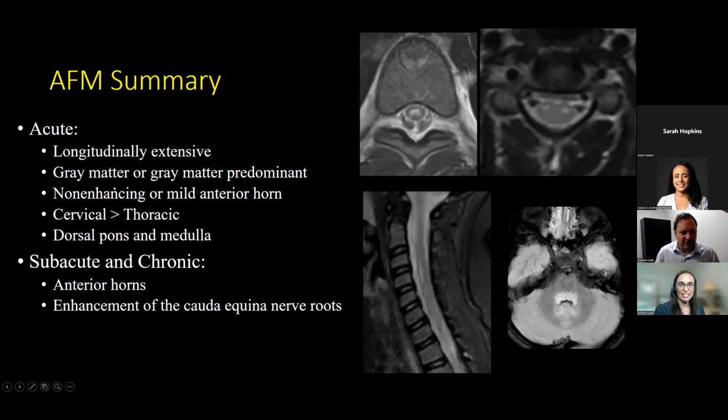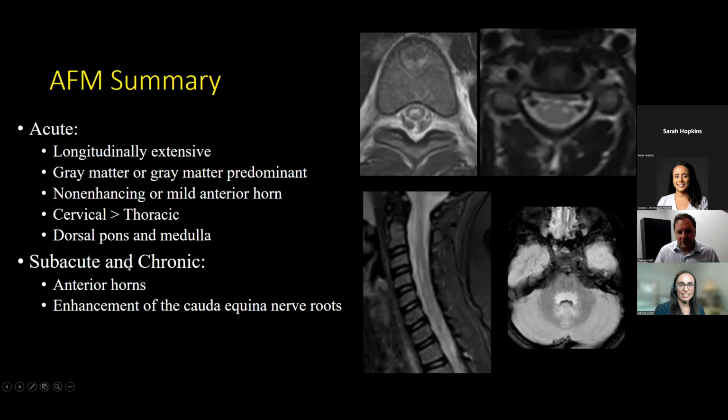But in my summary, what I've shown you repetitively with different little twists on it is longitudinally extensive, very common to have that, gray matter or gray matter predominant, non-enhancing, or sometimes you get the anterior horns enhancing. For the spinal cord, cervical more than thoracic, dorsal pons and medulla are classic areas that it can involve.